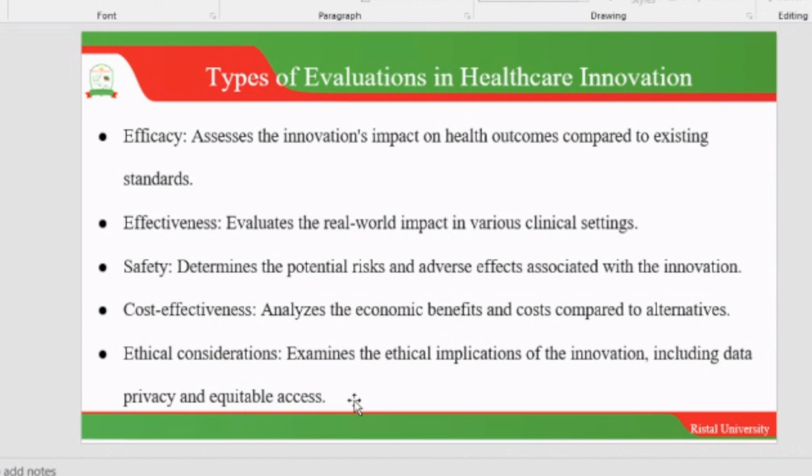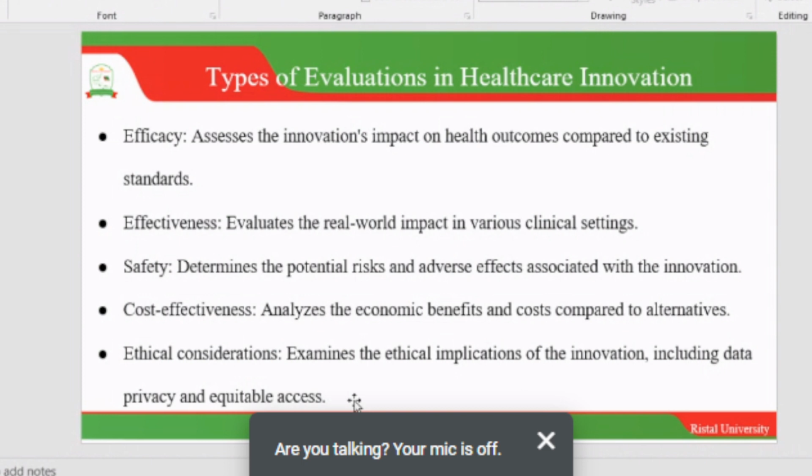Then cost effectiveness, like I had said yesterday, is where we analyze the economic benefits of the intervention or the innovation vis-a-vis the cost compared to the alternatives. If you are bringing in this robotic surgery, how does it compare with the conventional or traditional surgery in terms of the benefit vis-a-vis the cost?